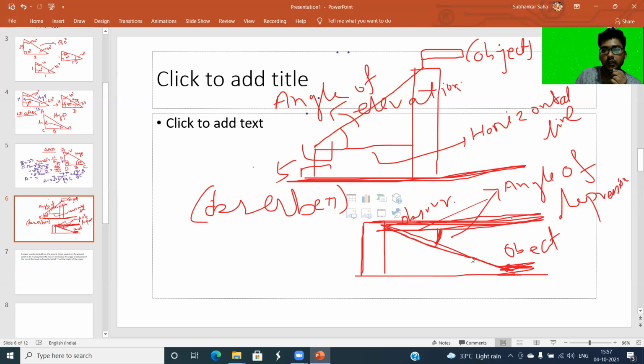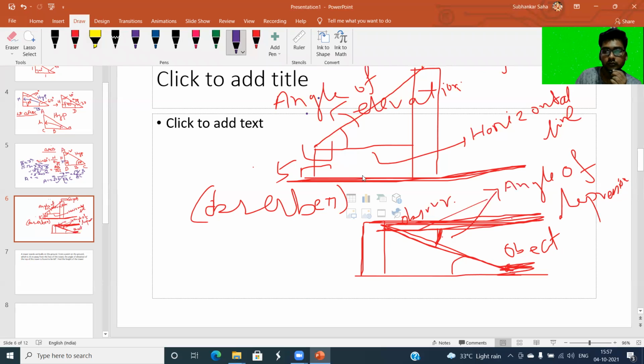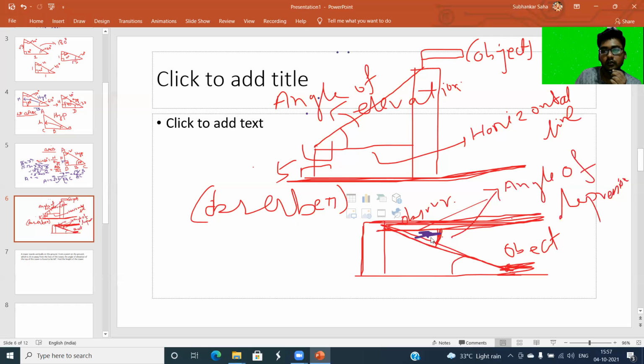This angle and this angle are always equal.